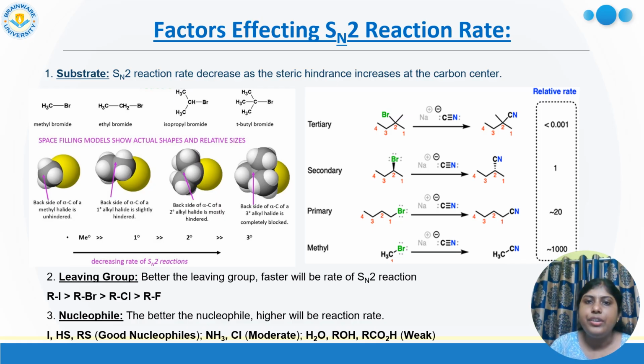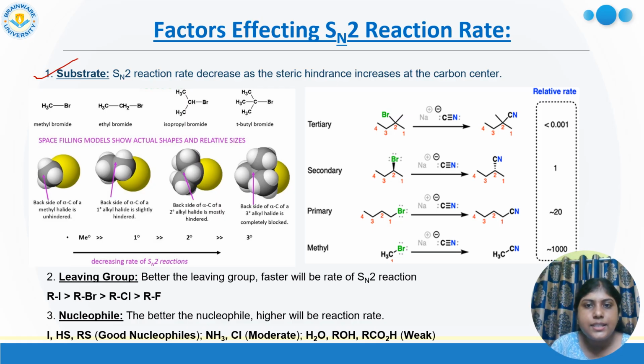Next, factors affecting SN2 reaction. First one, substrate. SN2 reaction rate decreases as the steric hindrance increases. Why? In case of alkyl halide, suppose instead of this hydrogen, if there are some bulky groups, then it will be difficult for a nucleophile to approach the carbon center.